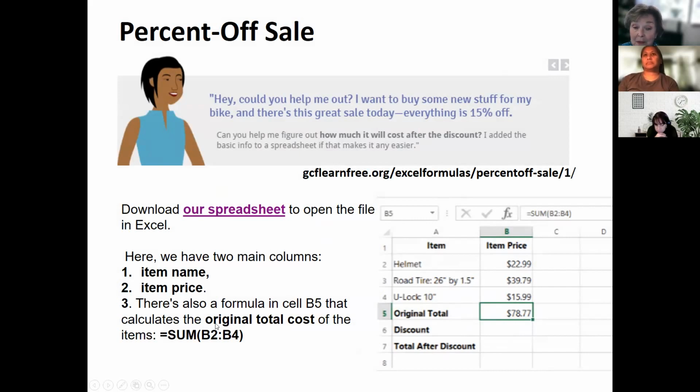So the original cost equals the sum, B2 up here through B4. So that's your original sum. The total here, you added all of these.